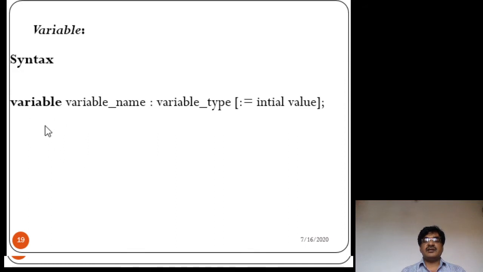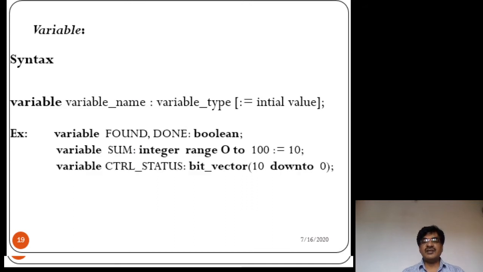Here again the variable name is the identifier, followed by colon and type. Type is what type of data again. Let us see some examples for variables. The first example is variable found comma done of type boolean.